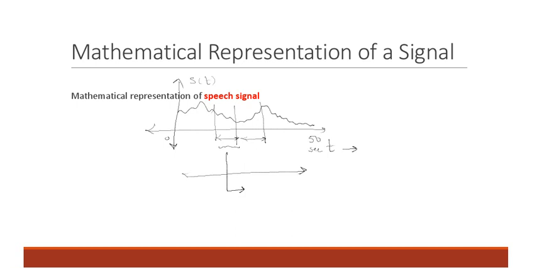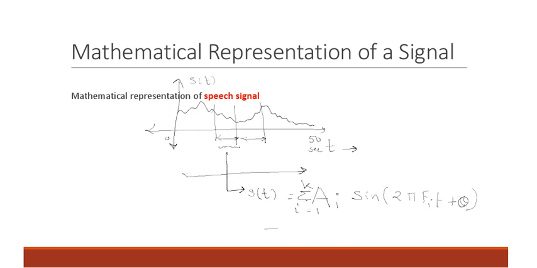We could say this particular segment of the signal has some set of amplitudes and some set of frequencies. So how do we represent it? Let me say my speed signal s of t has some set of amplitudes, say a_i, and some set of frequencies, say f_i, and let me say theta is the phase here, and these sets of amplitudes and frequencies are k in number.